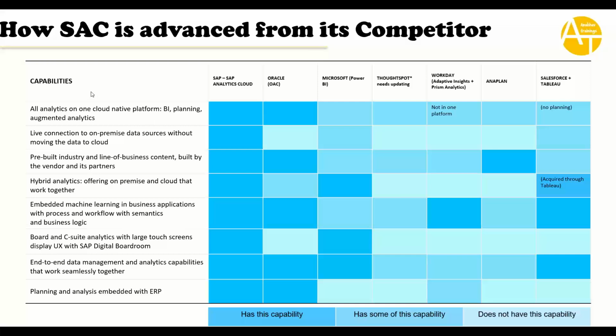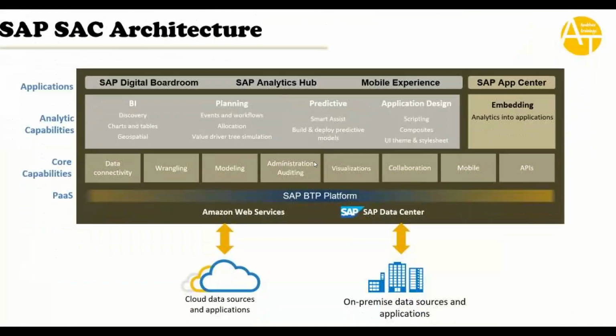So these are all the capabilities in comparison. You see, in all the matrices, Analytics Cloud has always a higher capability compared to its competitors. Competitors are missing some capabilities or others, and that's why it should be the tool of choice for us. Now, coming to SAP Analytics Cloud architecture.